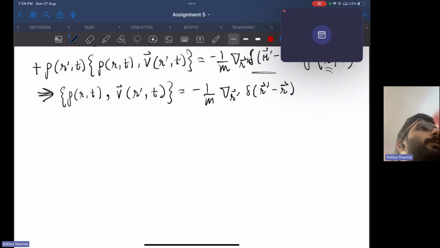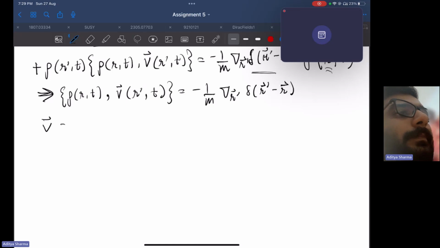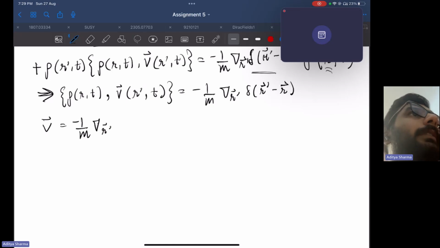Now, what you're going to do, suppose V can be written as 1 by m with a minus sign, some gradient of phi, t. Yeah, I think this is correct.